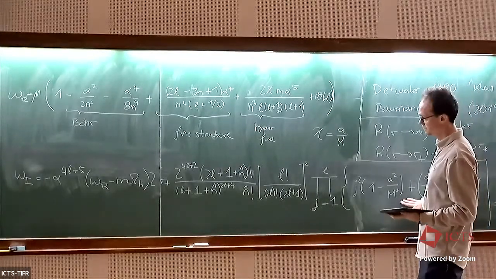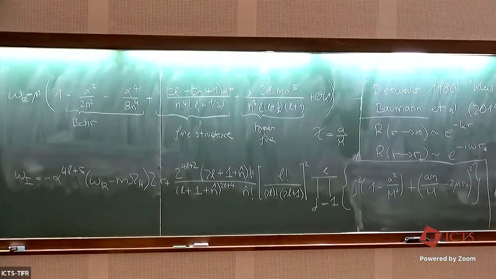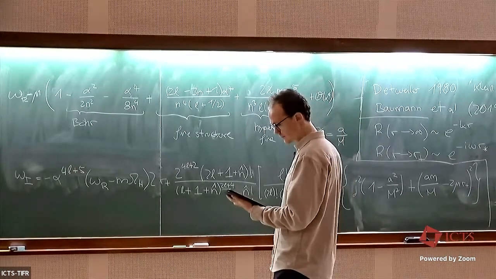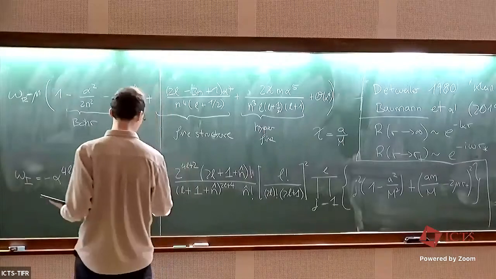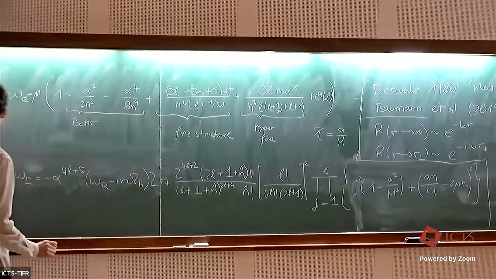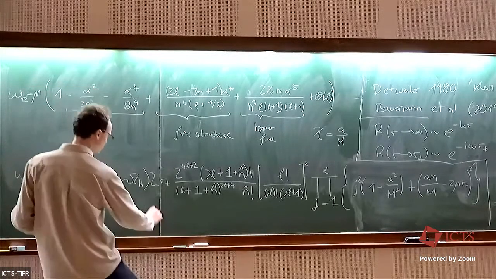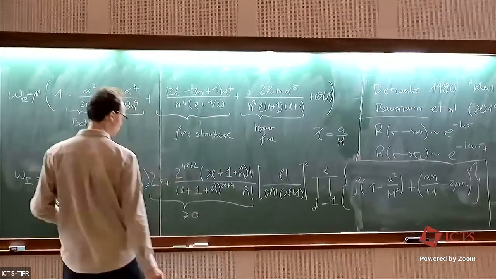This is the expression, and let's try and understand all the different terms, because of course it's very long and there's lots going on. Let's first understand the very basic property of this equation: is this larger than 0 or smaller than 0? Looking at this term here, this is strictly positive.